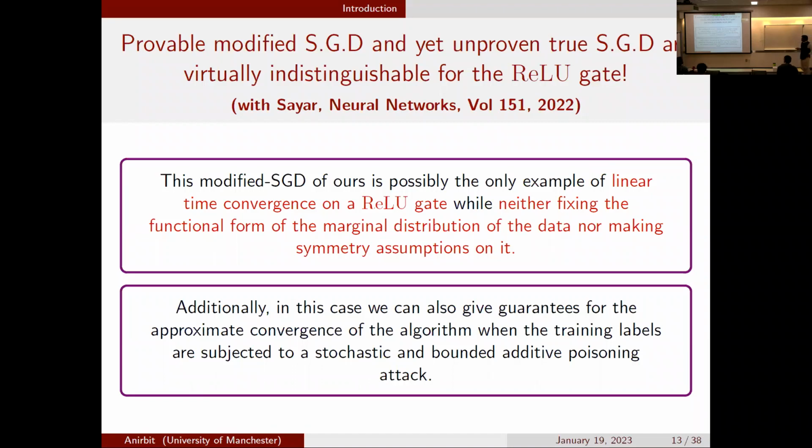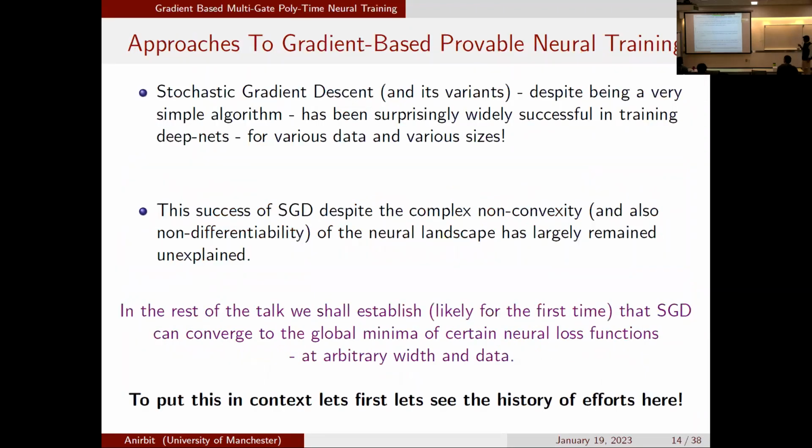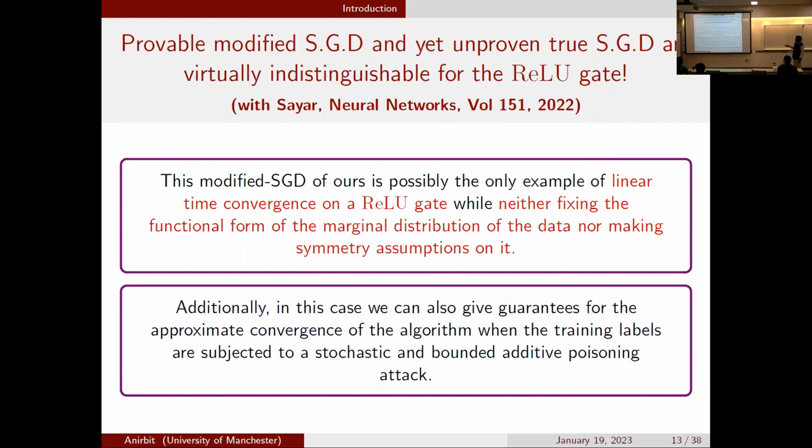Cool. So far, this is about single gates. So the question of provable training, of course, I should point out that there is a partial multi-gate extension of this result currently on arXiv. It's a paper with the same co-author Shire Kormukar and Theodore Papamarkiou.